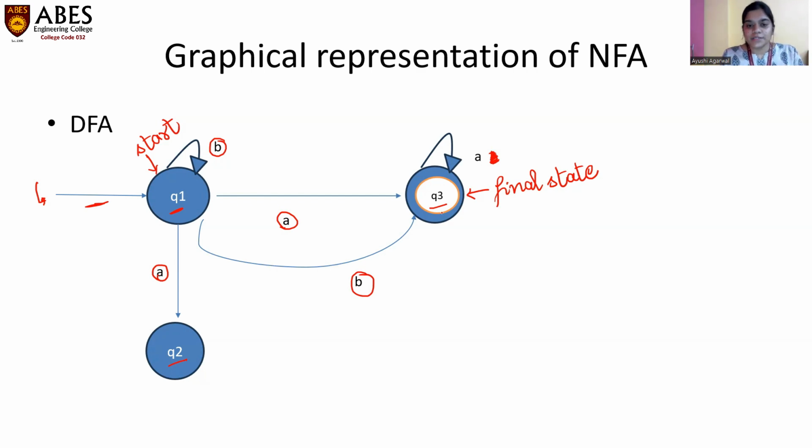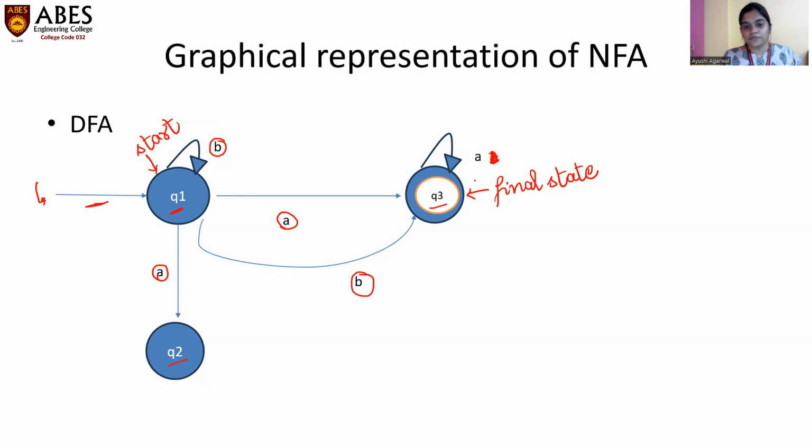In case of NFA, we are not showing both the symbols over here. Why? Because our NFA can read epsilon transition also, or null symbol also. In case of DFA, if we are mentioning any input variable, that should be transmitted from one state to another state, or it should cover a self loop.